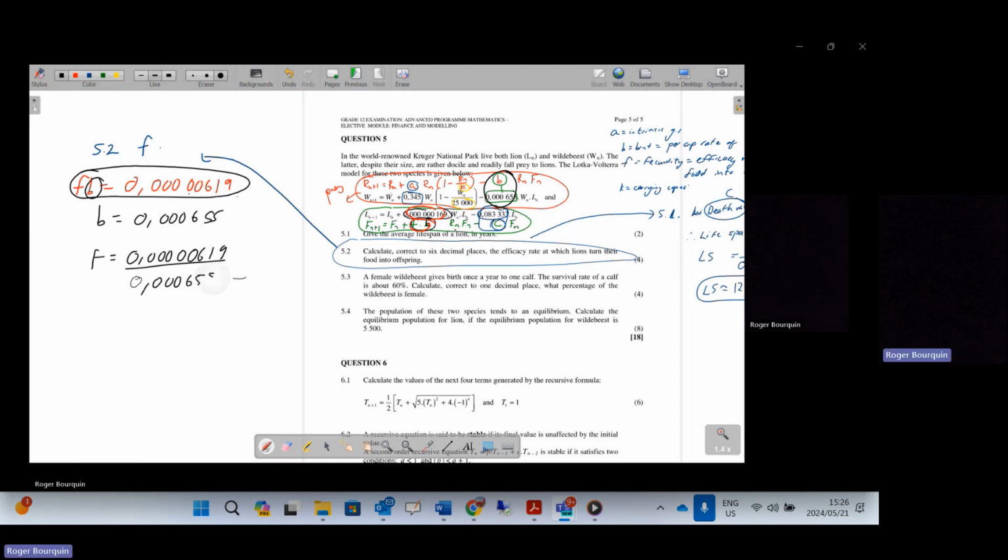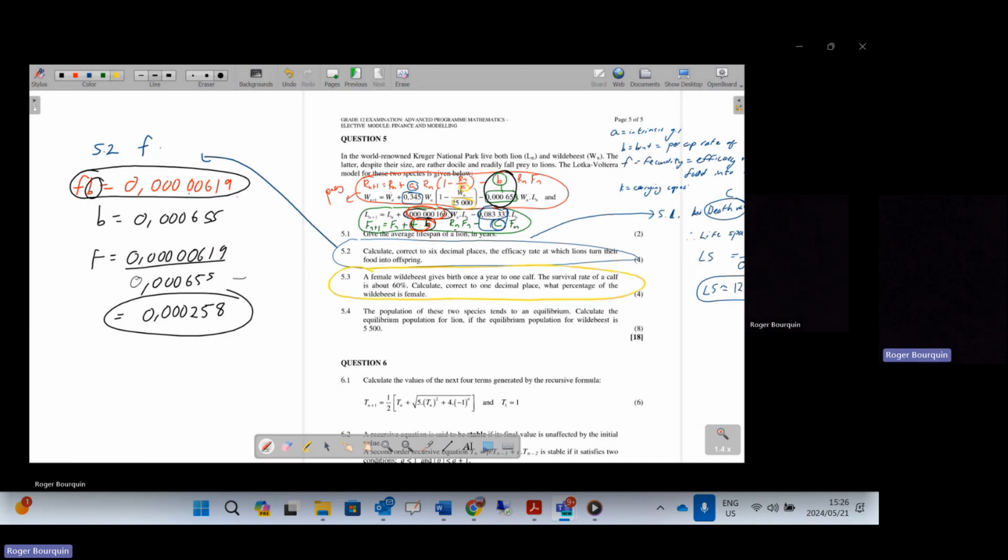Put that into your calculator, and you get F is equal to 0.000258. And they wanted it correct to 6 decimal places, which is what we have there. Righty, that's 5.2.